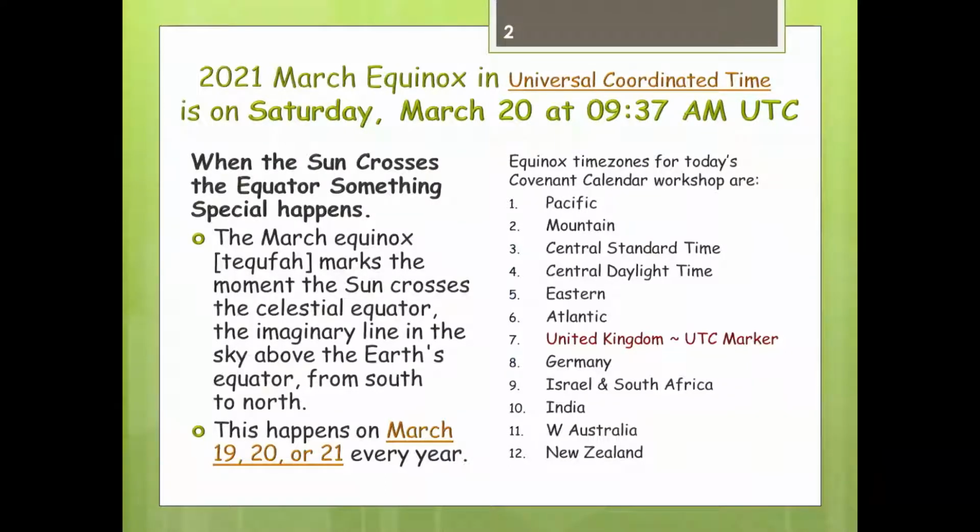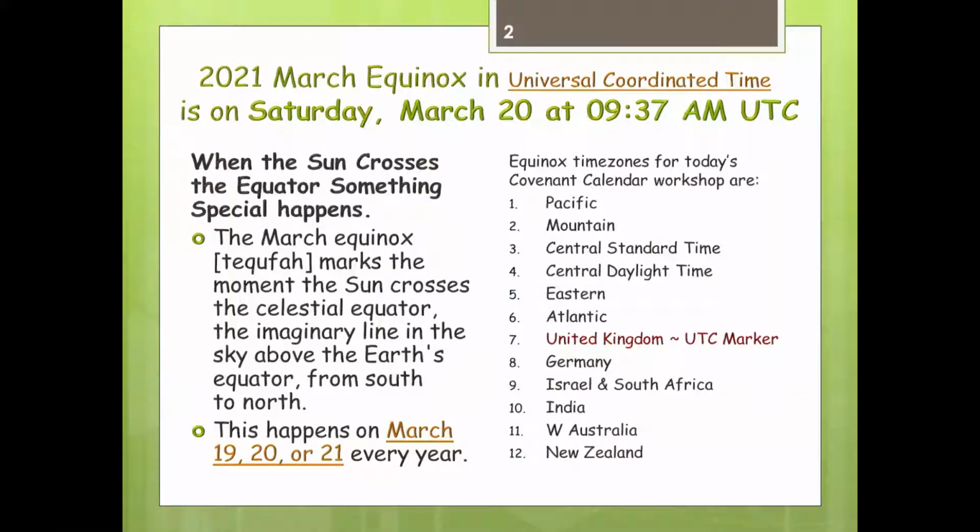I'm going to show you some charts about this so that you can understand what's happening with UTC. But what is it when the Tekufa happens? In short, it's when the sun crosses the equator. The March equinox, or Tekufa, marks the moment that the sun crosses the celestial equator, an imaginary line of the Mazzaroth above the Earth's surface.